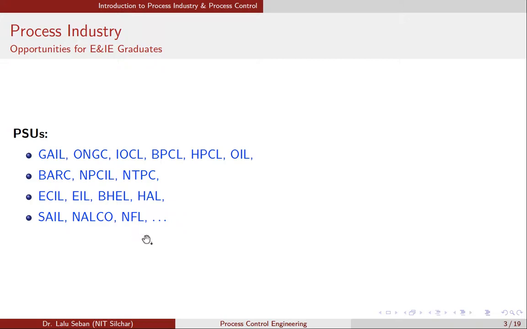So the list is large. Most of the recruitment is through the GATE examination. Some of them have on-campus recruitment also.